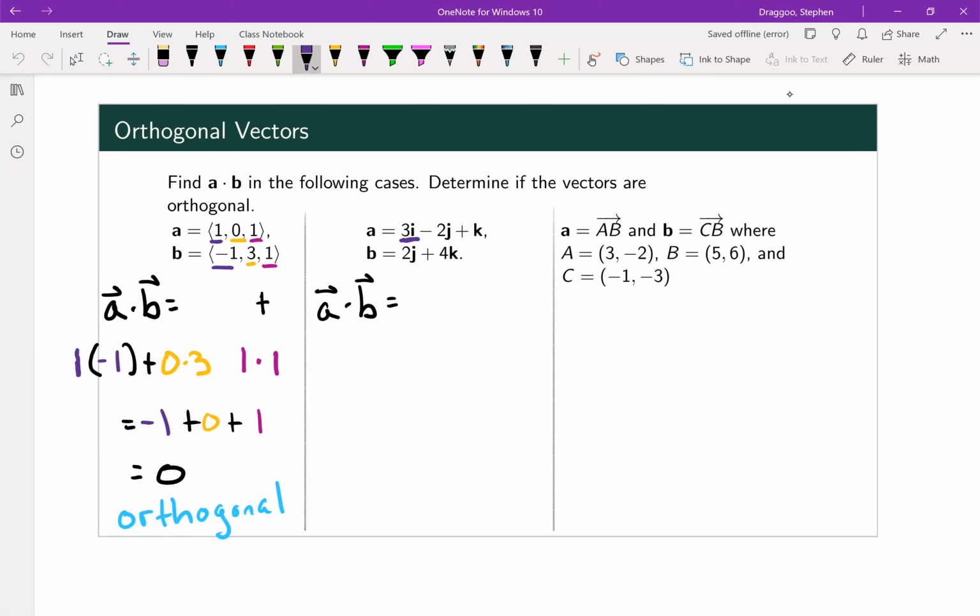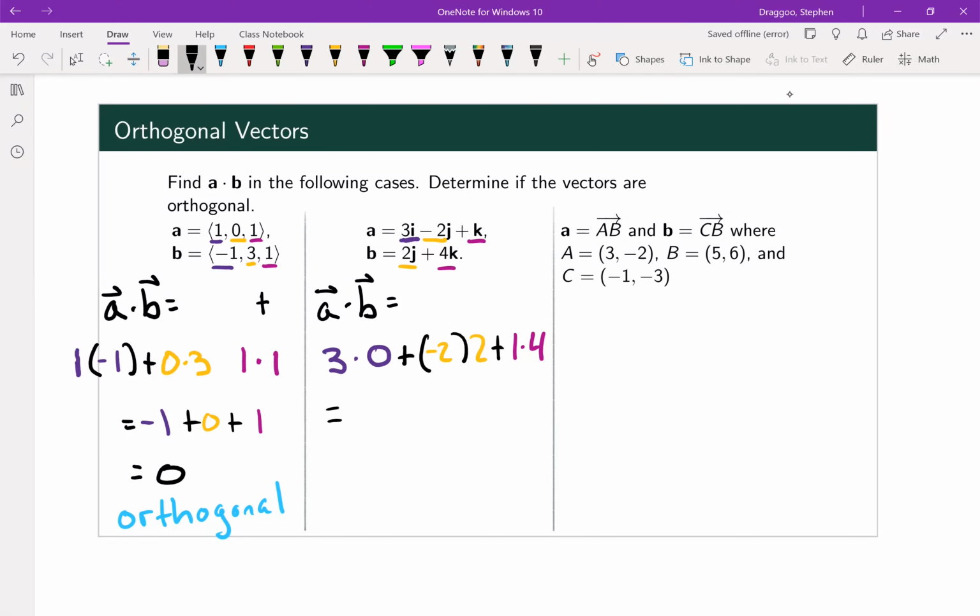So for the x component, we get 3 times 0 for the x component of that vector, or the i component of that dot product. Then we'll add to that the y components, which are -2 and 2. So we've got -2 times 2. And finally, the z components, 1 for A and 4 for B, so 1 times 4.